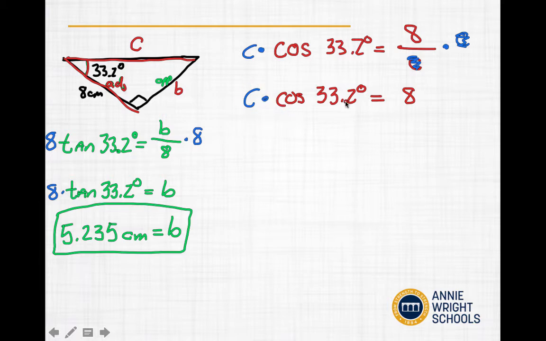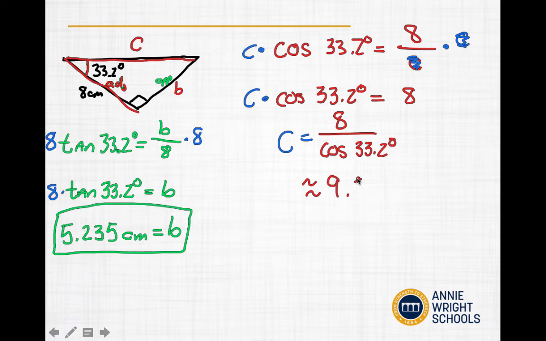If a variable times a number equals 8, then that variable is equal to the number 8 divided by cosine of 33.2 degrees. Again, I reach for my calculator. I do 8 divided by cosine of 33.2, and I get that C is about equal to 9.561 centimeters.